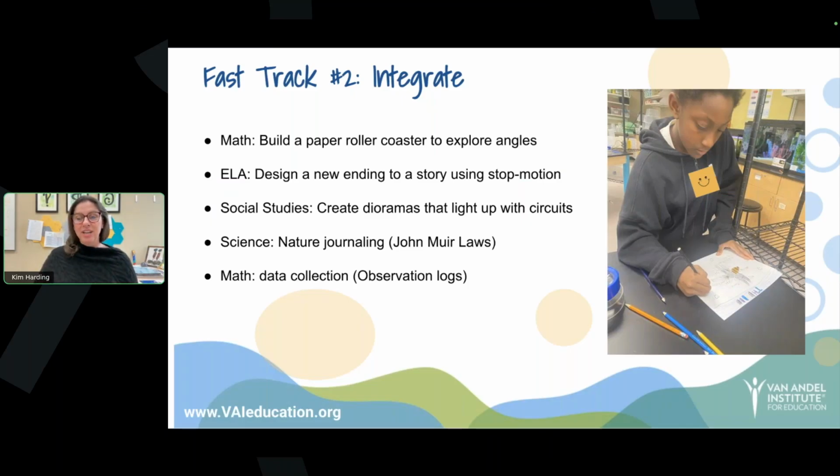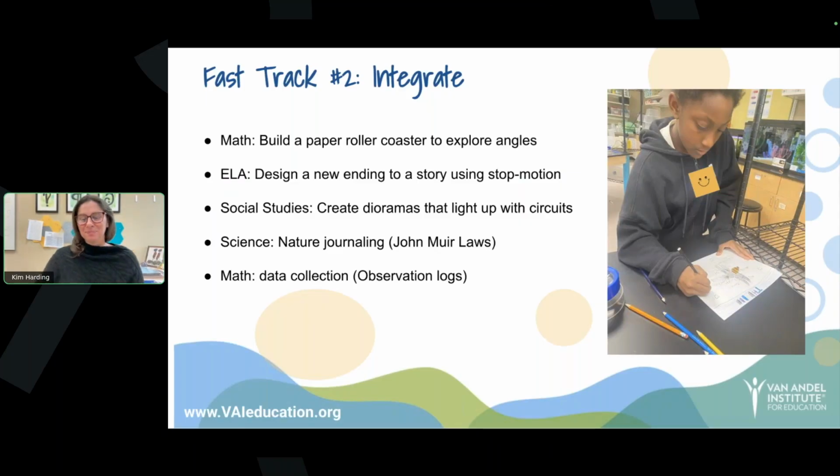You can see in the picture here just this detailed picture of the insect that this student chose, writing down a bunch of different things that they observed. So they were writing down how many hairs they saw, how many legs, how many eyes, all of this. Just super creative thinking. And when it is integrated into what you're already doing in the classroom, it is just such a natural way for you as a teacher to be able to walk around and see what they're doing and how they are doing.